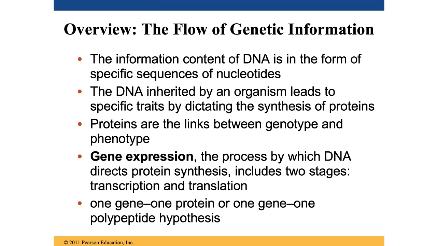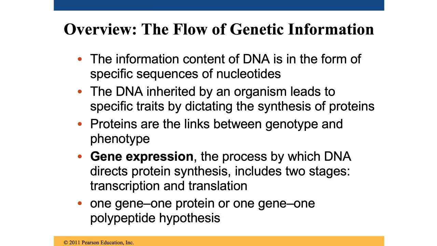So it contains specific sequences of nucleotides. Remember, the nucleotides of DNA are A, T, C, and G. So we can have different sequences of A, T, C, and G, which are coding. They're going to code mRNA, which make us proteins.